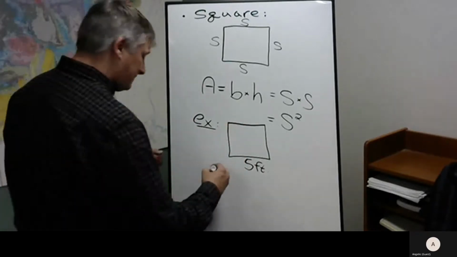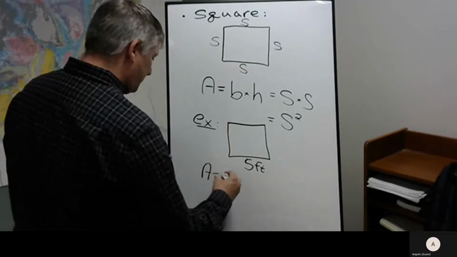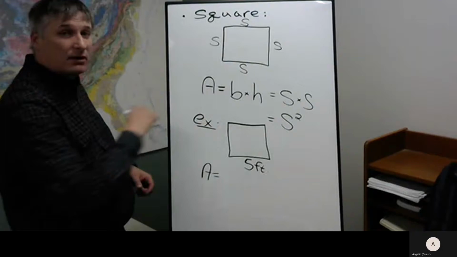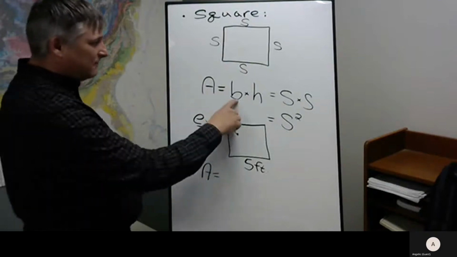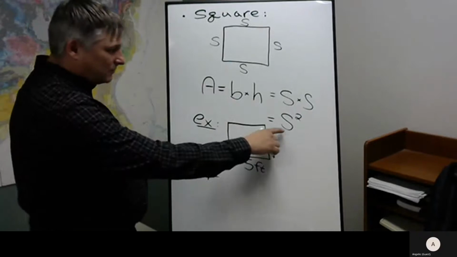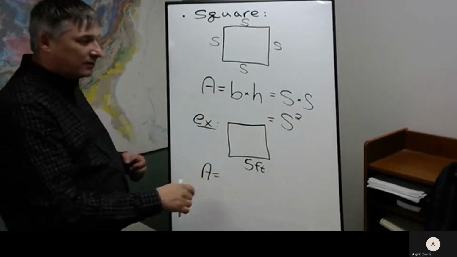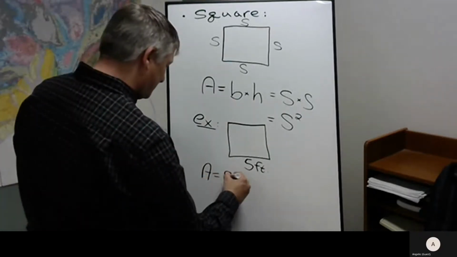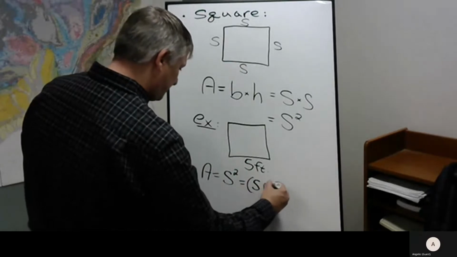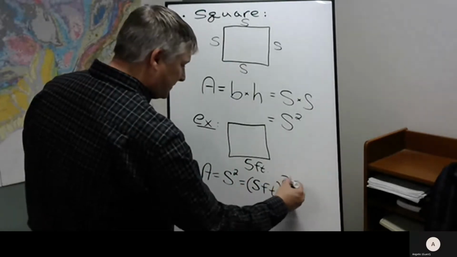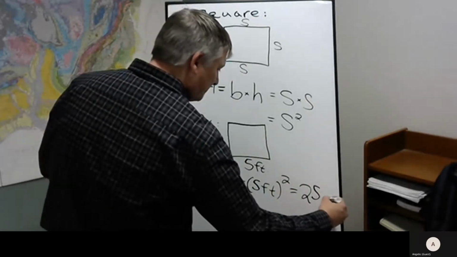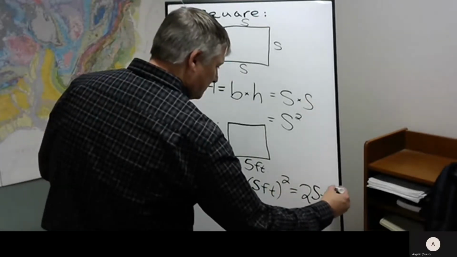So that means the area is still going to be base times height. This would be a base, and this would be our height. But we found out that the base and the height are the same thing. So we can just take this one side and use our formula, S squared, which is 5 feet squared, or 25 feet squared.